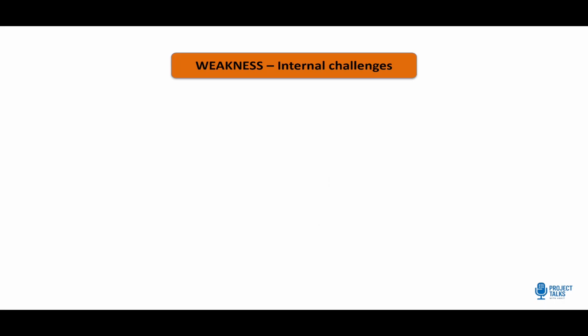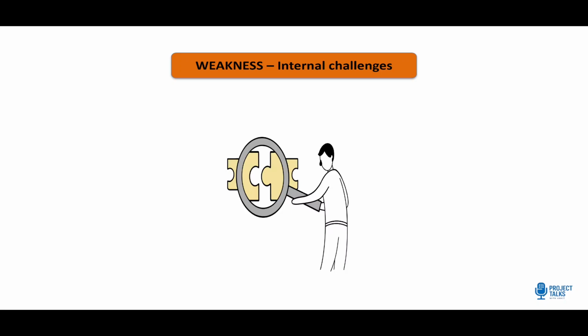Now let's talk about weaknesses. These are internal challenges or gaps that can slow our project down. Unlike external threats, weaknesses are usually within our control, which means we can fix them if we act early. Now, these can be the gaps. Sometimes our project pieces don't fit together. It could mean missing skills, missing resources, or processes that aren't fully aligned.